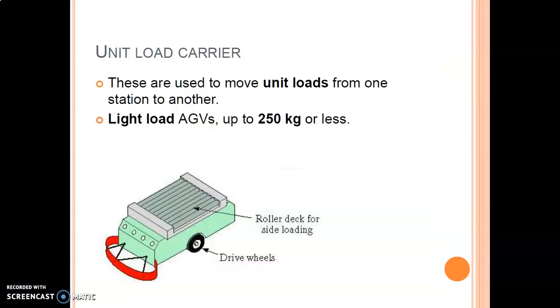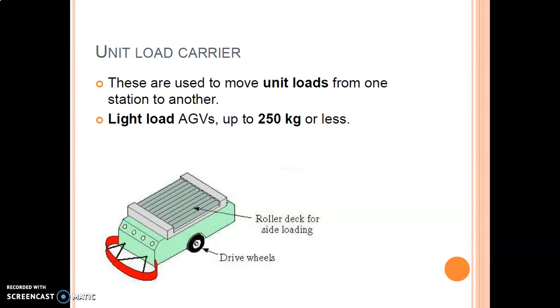Now, the third one is the unit load carrier. These are used to move unit loads from one station to another. Light load AGVs carry up to 250 kg or less. You can see it's similar to a driverless train type system. There we have a number of coaches, or containers, connected, and it can transfer more load.